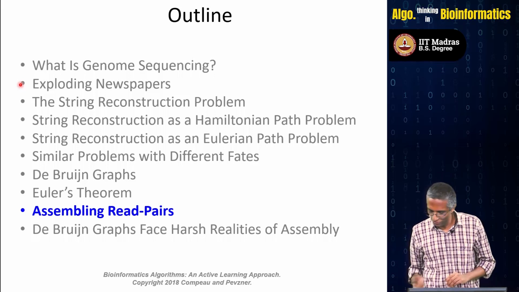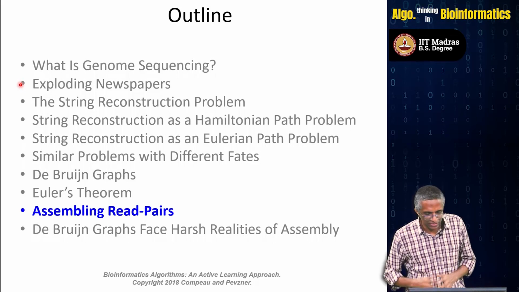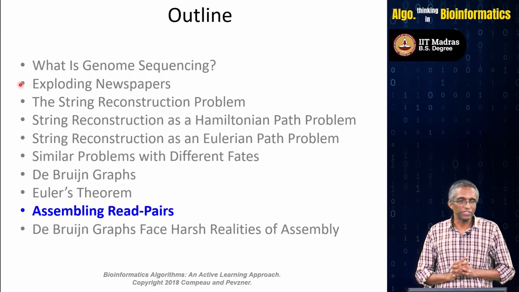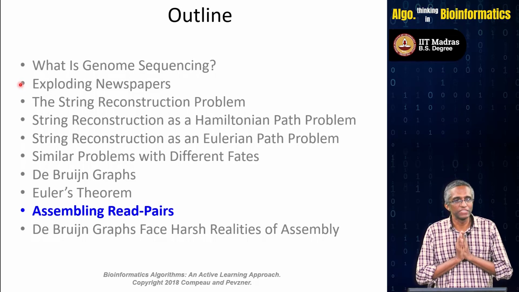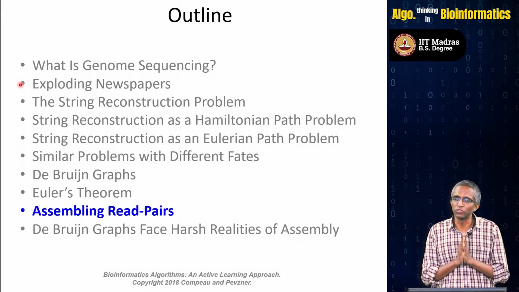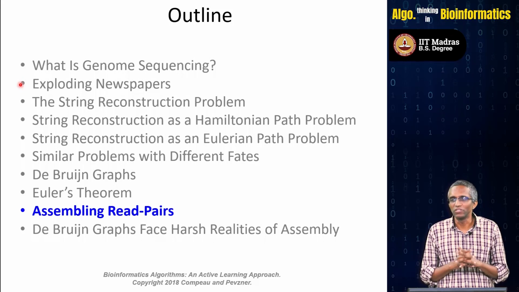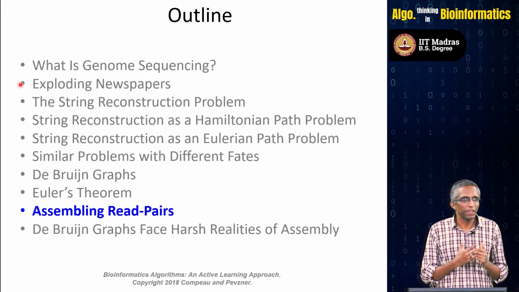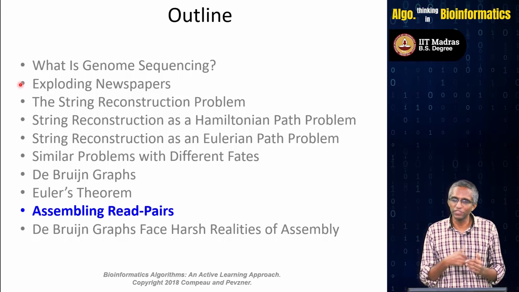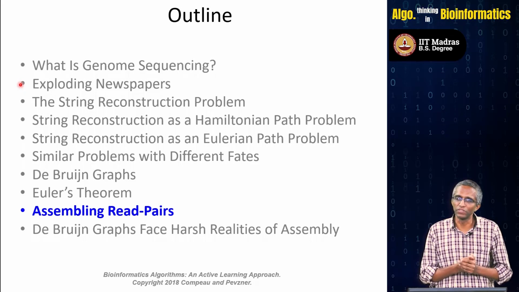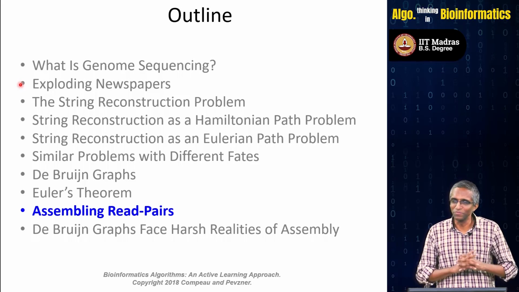There is this notion of read pairs that adds a little bit of complexity to this issue, but so far what we have seen is that we have taken the genome, this unknown genome, and translated it into this k-mer composition, which is what the sequencers will give us. And then from the k-mers, we have now reconstructed the genome by constructing this de Bruijn graph and finding an Eulerian cycle using this local ant algorithm, right?